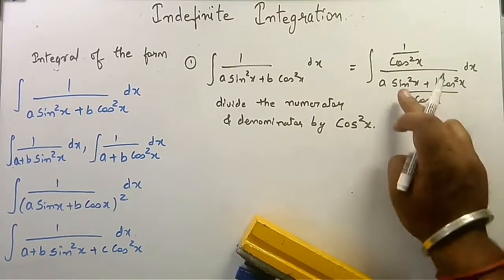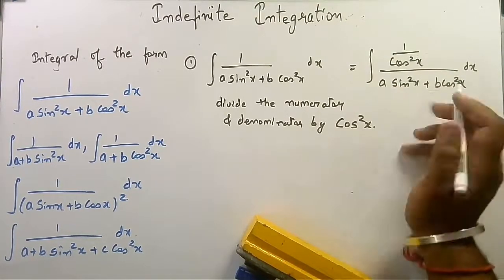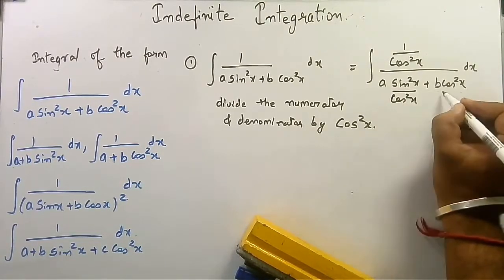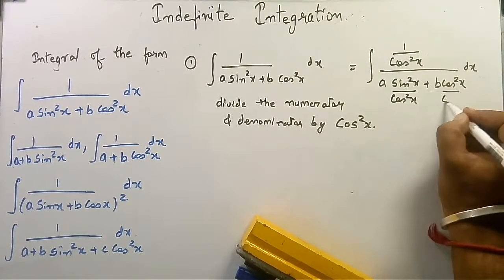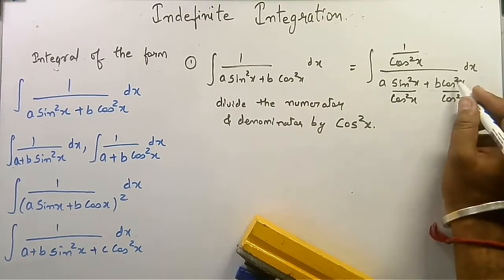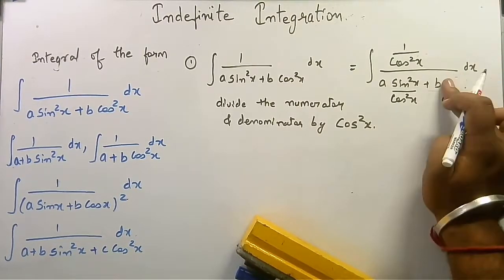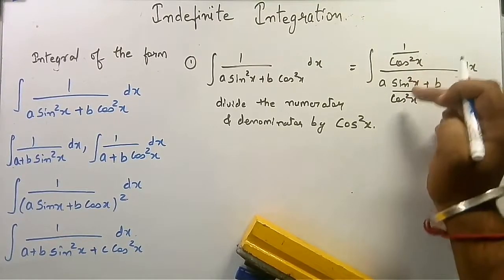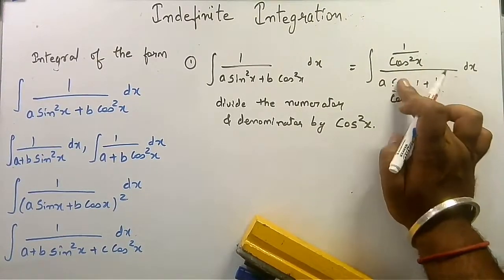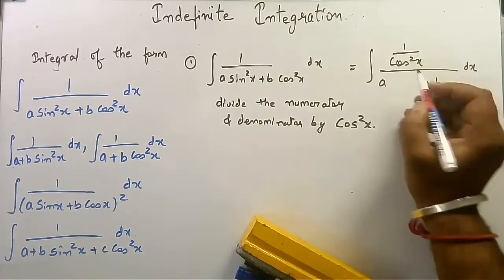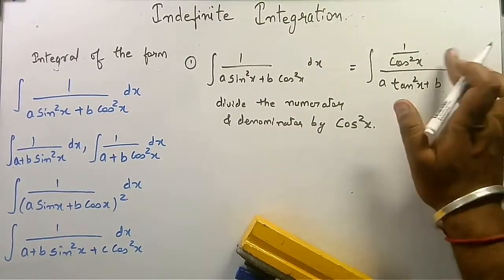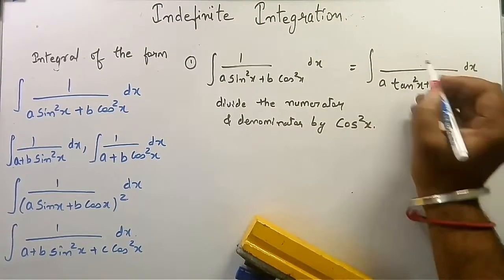If we separate this cos square x, then we get sine square x upon cos square x plus b cos square x upon cos square x. This will get cancelled, and this changes to tan square x because sin x by cos x is tan x, and this 1 by cos square x is sec square x.